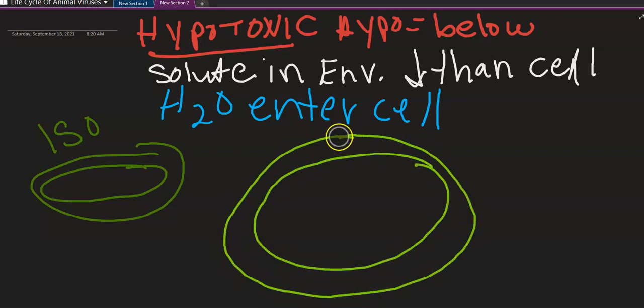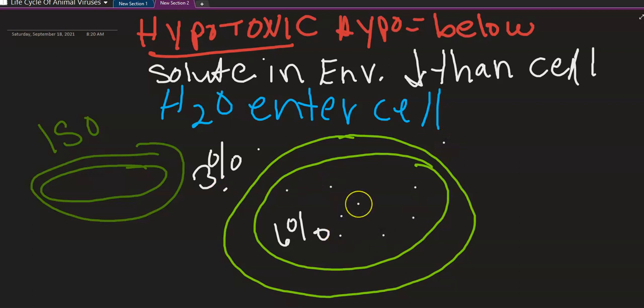It's drawing water in, okay? So for our solutes, if it is lower in the environment than it is in the cell, we're going to have 6% in the cell and let's say 3% out of the cell. So there's our 3 solutes. In the intracellular environment inside the cell, here's our little nucleoid region, I forgot to put that in there, it is going to be higher.